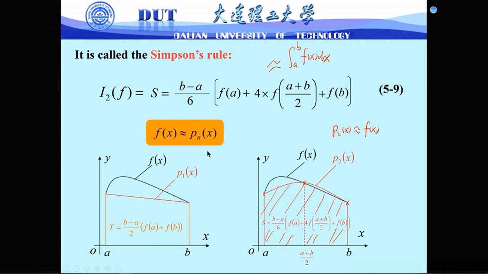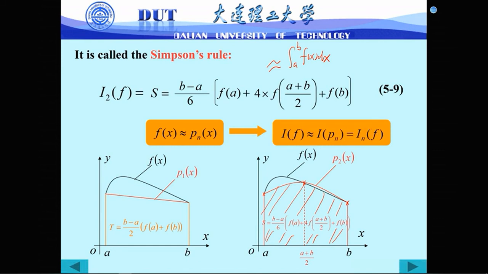So the general idea is that we use the Lagrange interpolation polynomial Pnx to approximate fx. So we can also use the integral of Pnx to approximate the integral of fx. Then we denote the integral of Pn by INF. Then INF is a linear combination of the function values. Clear?